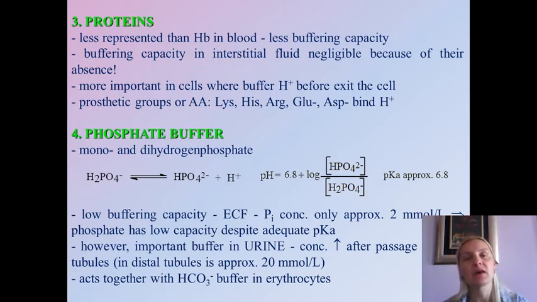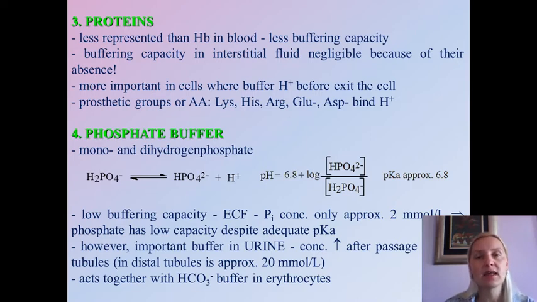However, phosphate buffer is much more important for buffering urine at the level of kidneys, because after the passage through tubules, water is reabsorbed, so the concentration of phosphate increases almost up to 20-30 millimoles per liter.